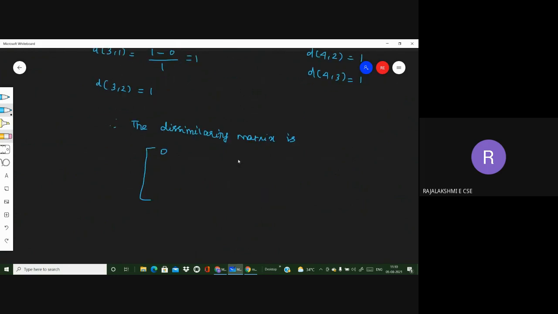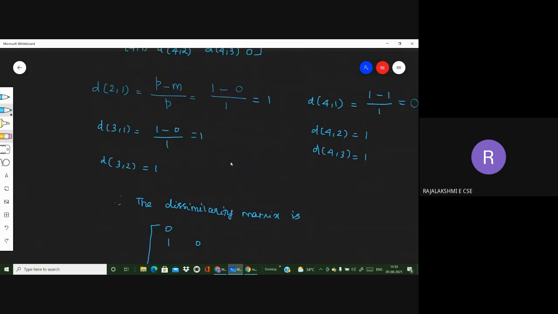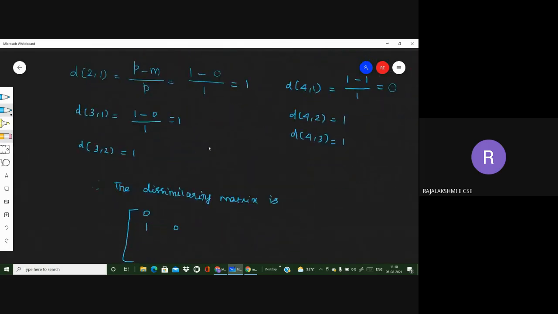This is 0, again it is 1 0. இது 1 0. This is d of 2 comma 1. 2 comma 1 is 1, again here it is 0. D of 3 comma 1 is 1, 3 comma 2 is 1, and then 3 comma 3 is 0. Then 4 comma 1 is 0, 4 comma 2 is 1, 4 comma 3 is 1, and here it is 0.